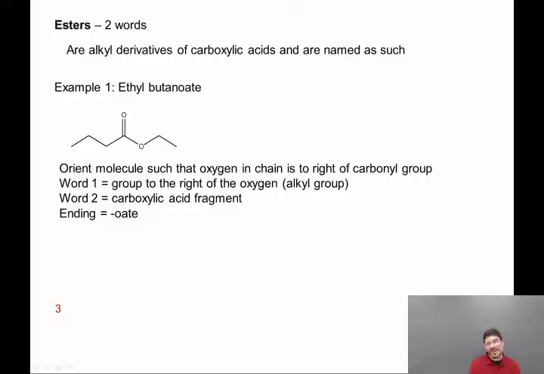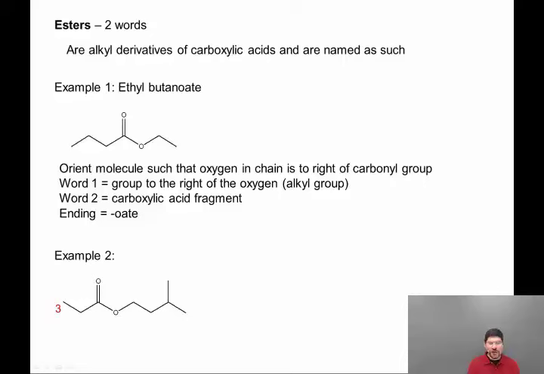Then word number 1 is simply the group to the right of the oxygen. In this molecule, it's a 2-carbon group, so therefore it is an ethyl group. Word number 2 is the carboxylic acid fragment. It is a 4-carbon carboxylic acid counting the carbonyl carbon. You can't neglect that carbonyl carbon. And then you get the ending oate instead of oic acid. So, ethyl butanoate.